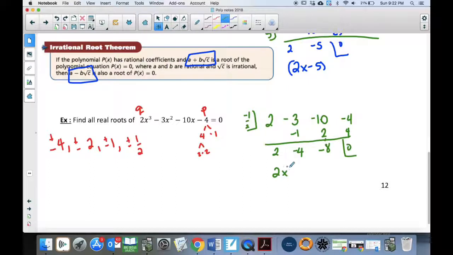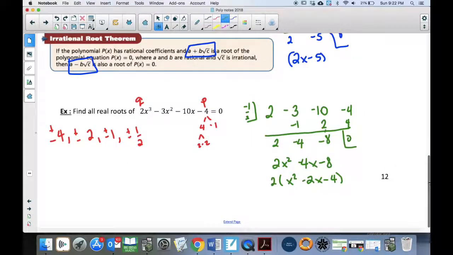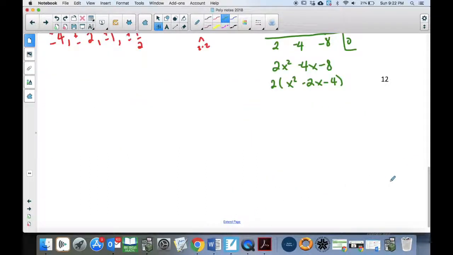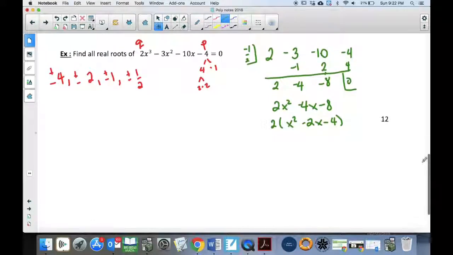So this is 2x squared minus 4x minus 8. I'm going to see if I can factor that. Immediately I can say I have a GCF, so I'm going to take out that GCF first. Now that I've factored out my GCF, I could try the AC method, the box method, or guess and check. I always like guess and check, but none of those methods works. This does not factor down.